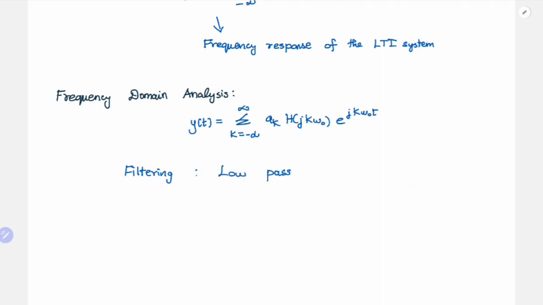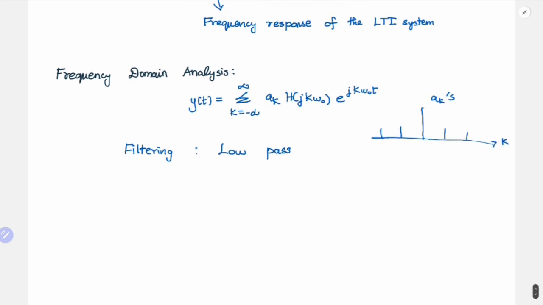So this is a periodic signal, so it will have spectral components, right? So the ak's are there, plotted against k. Let's say I want to limit to only the first two harmonics.